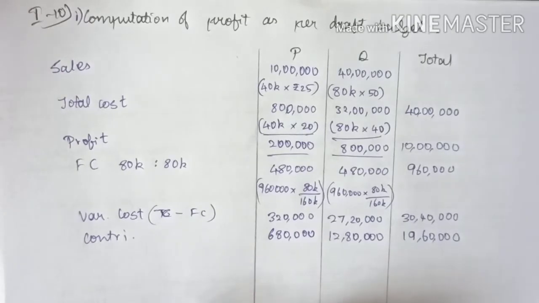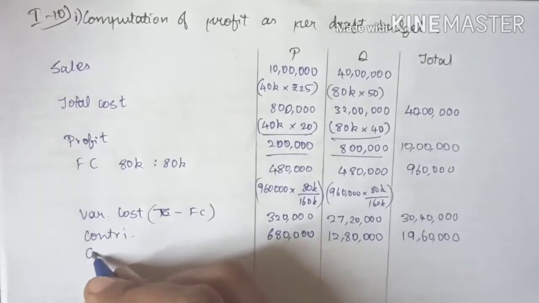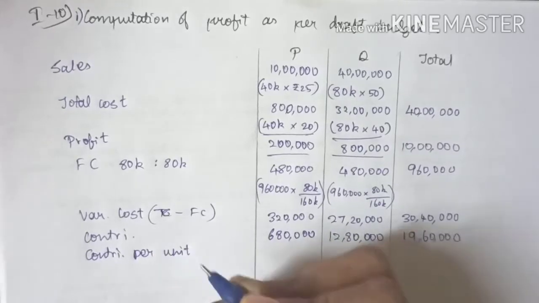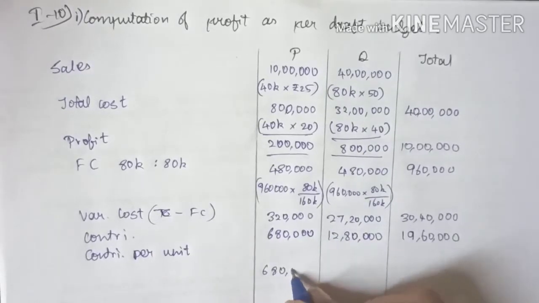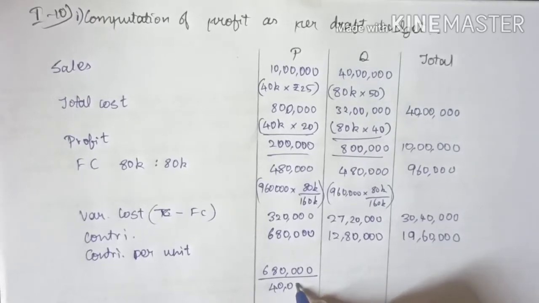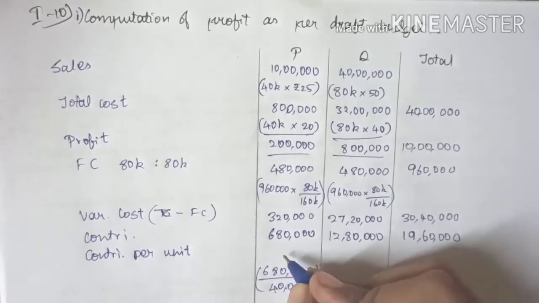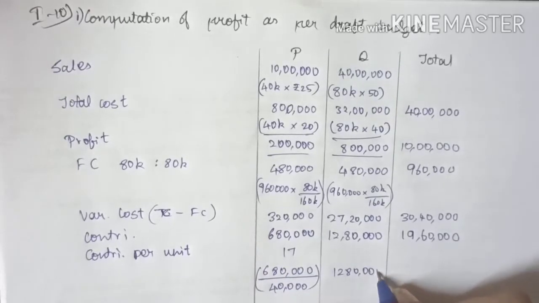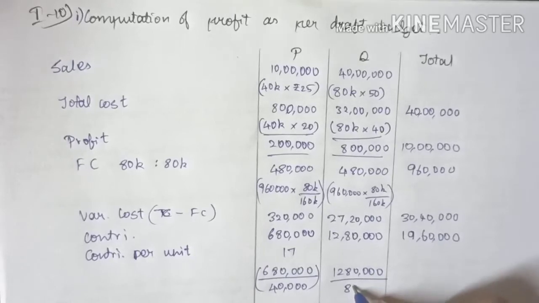Next we have to find the contribution per unit. Contribution per unit is 6,80,000, that is the total contribution, divided by 40,000 units. Here 12,80,000 divided by 80,000 units, which is 16.